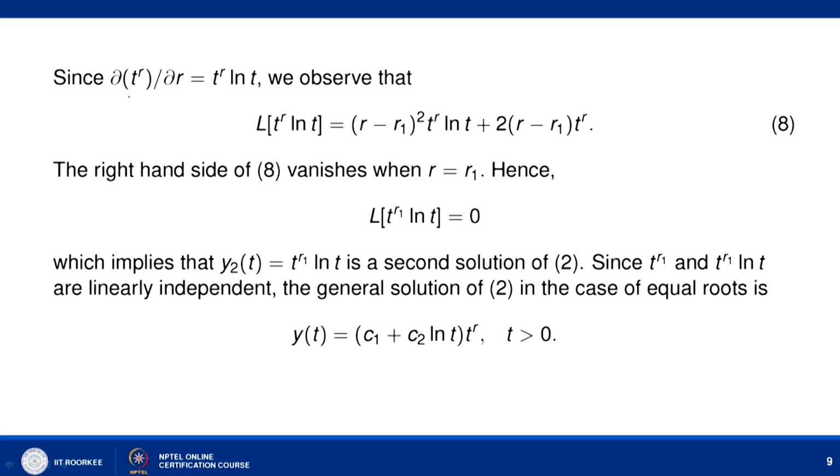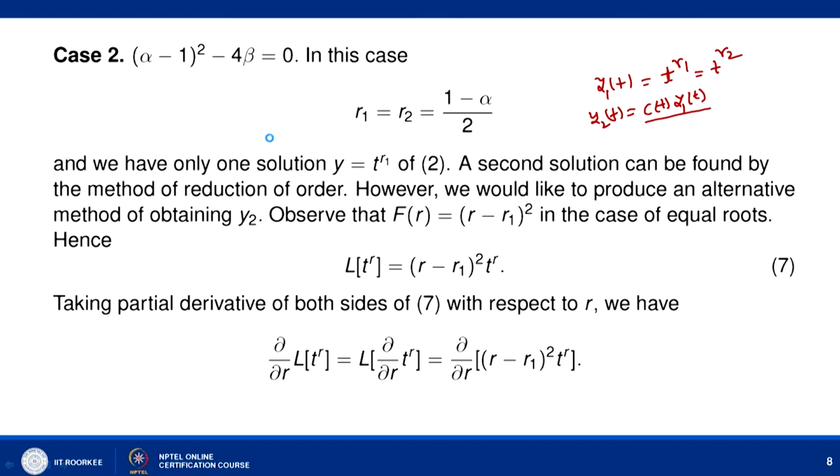Here we already know that ∂/∂r of t to the power r is nothing but t to the power r ln t, which you can easily verify. If you take y equal to t to the power r, then apply the logarithm, and you can easily differentiate with respect to r. So, using this expression, ∂/∂r of t to the power r is t to the power r ln t, we can write the left hand side as L of t to the power r ln t.